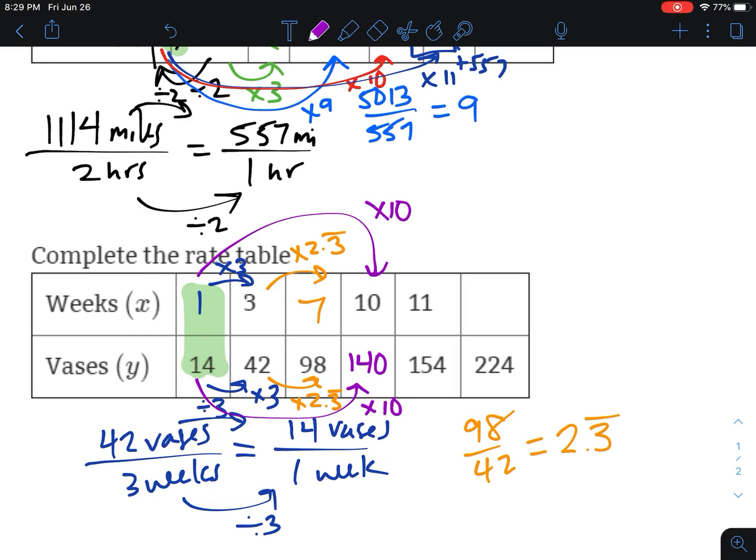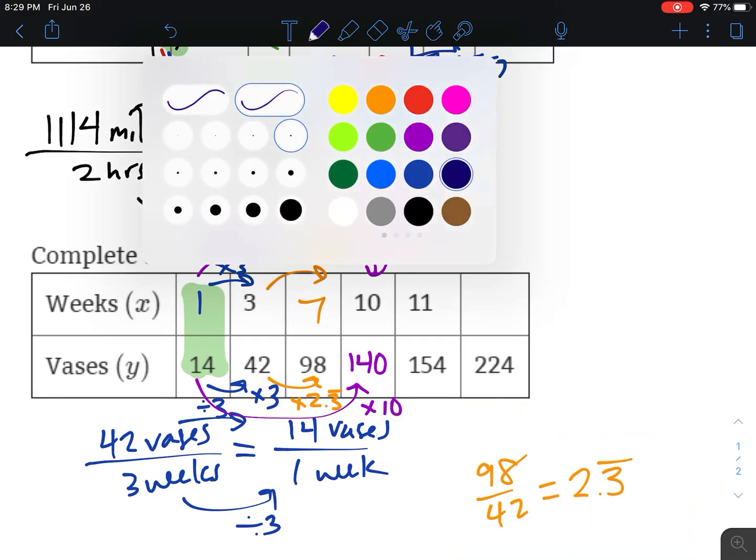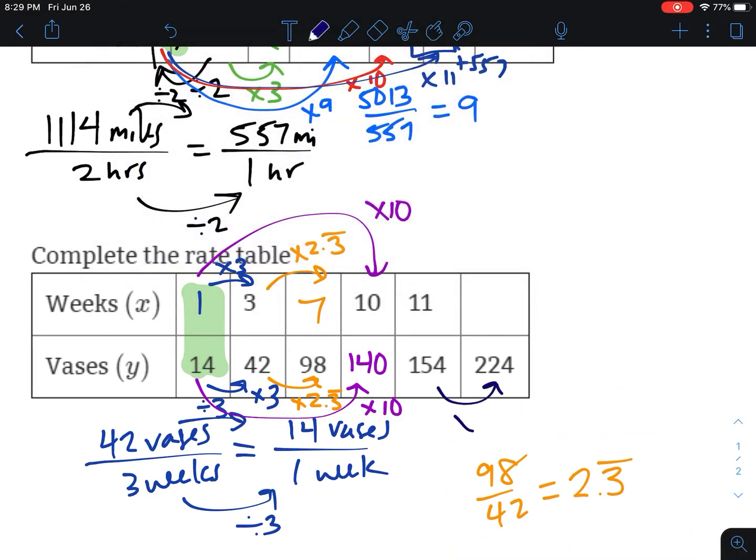And then for the last one, 224, again, we could use any of these. Just to show you that, I'm going to use the last 2 here. I'm going to figure out that scale factor and use it here to the 11 to find the answer. To get this scale factor, it's always the new one that you're pointing to divided by the old. So new over old, we're pointing to the new one with the arrow.